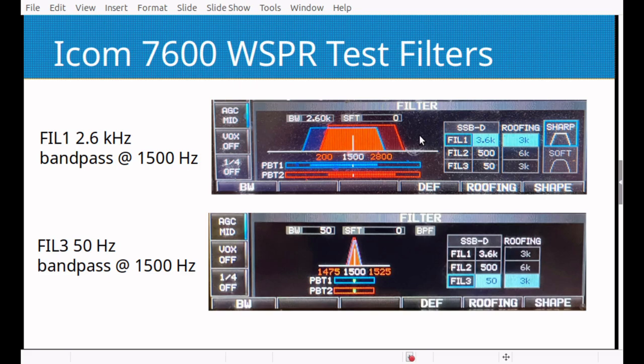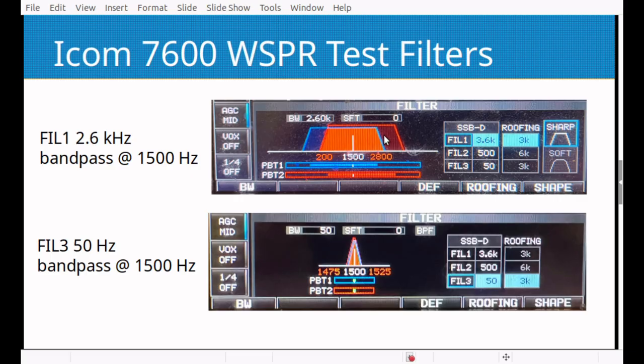Many of the older radios, the only roofing filter that was available was a 15 kilohertz roofing filter, and that's because they didn't want to filter out wideband FM. But in more modern radios, you have a choice. And because they're mechanical, you cannot modify these. You simply have to pick one.